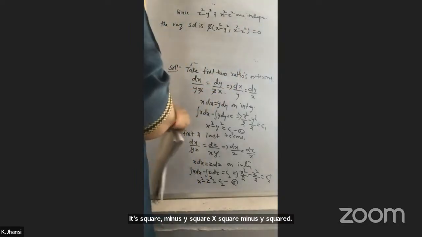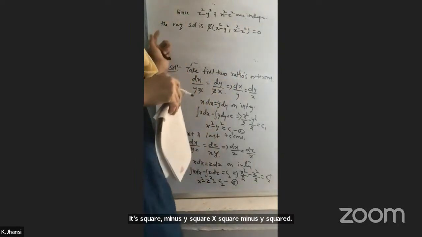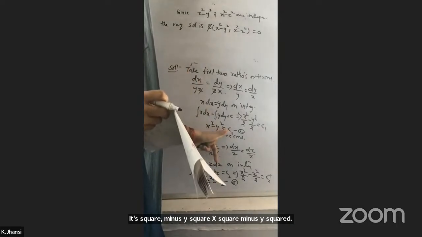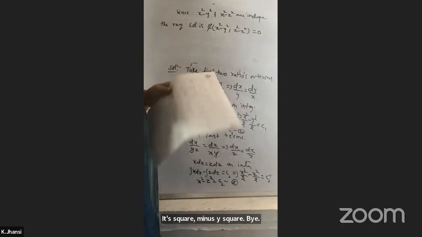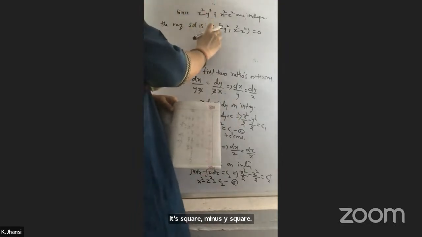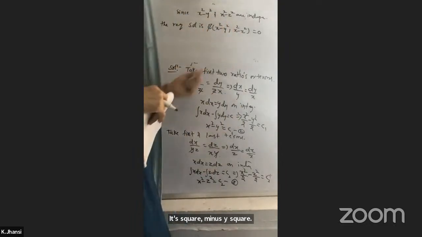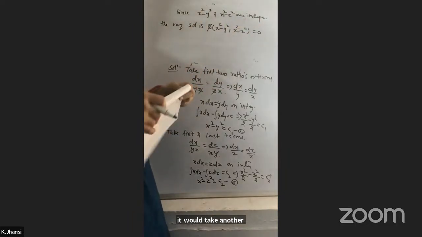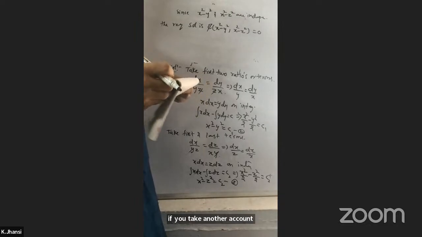Okay, like this we'll write the solution for the simultaneous linear differential equations. So whatever take out the c values, so you will get only these two, x square minus y square, x square minus z square. If you take another term, y square minus z square equals to 0. Okay.